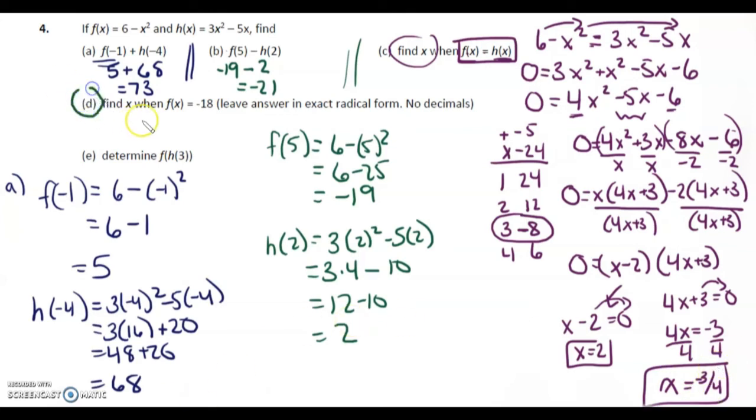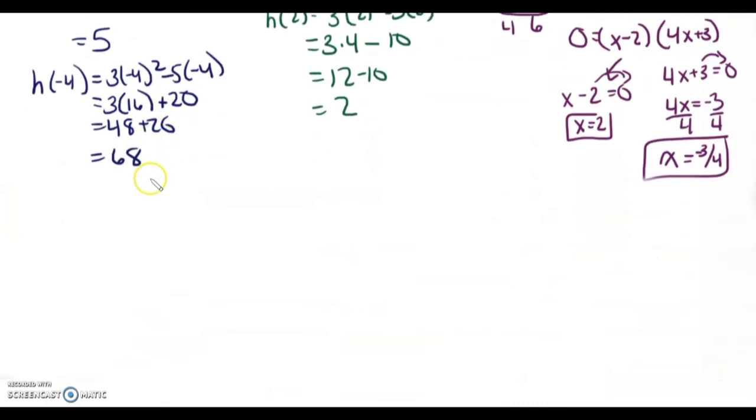All right, D, find x when f at x equals negative 18. So we know f at x is 6 minus x squared. So we want f at x equals negative 18. So if you actually sub in f at x, we have 6 minus x squared, and then equals negative 18.